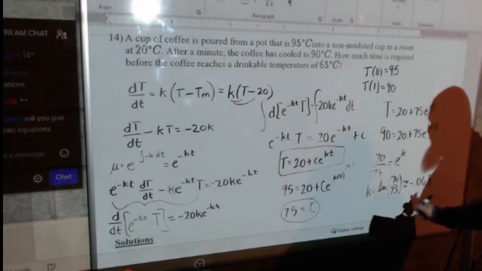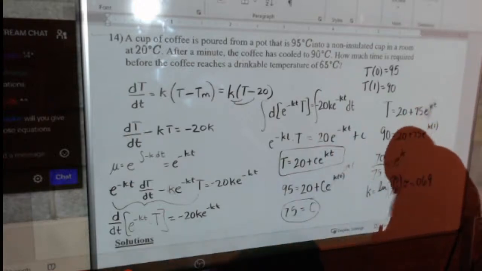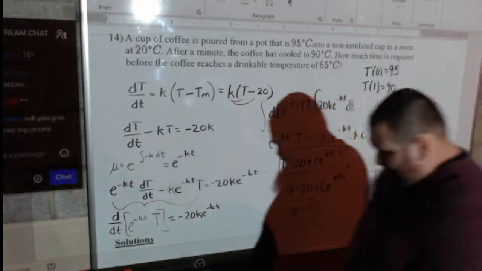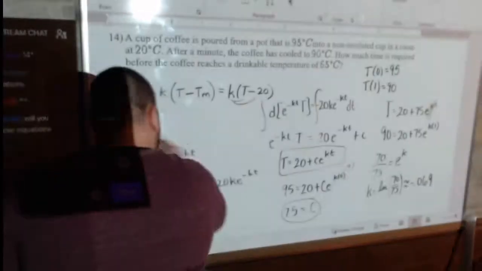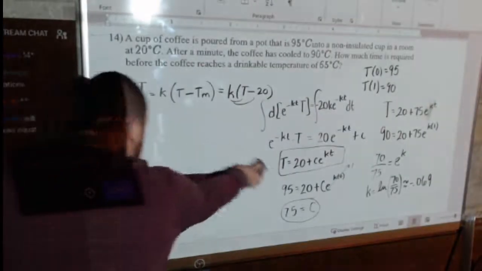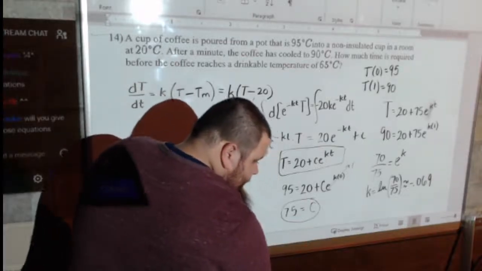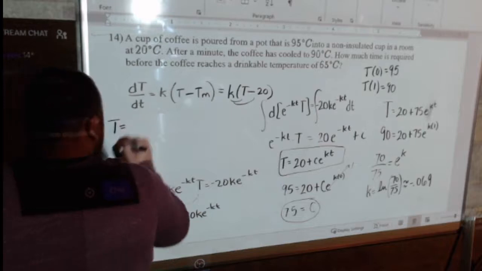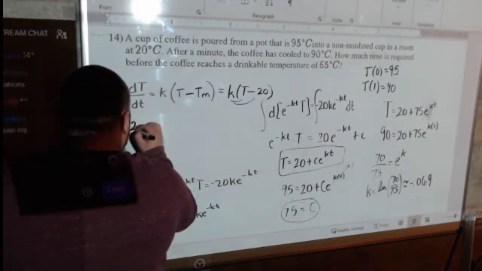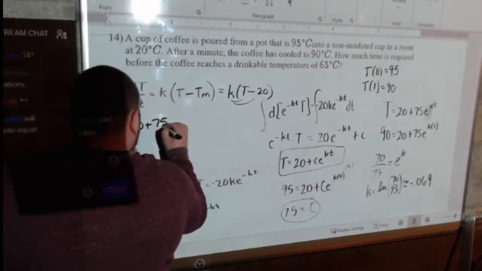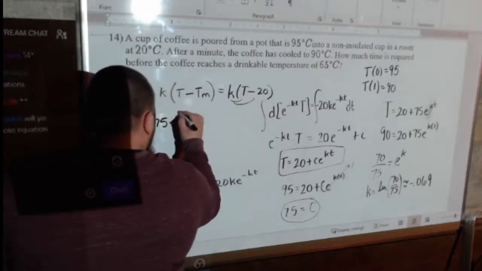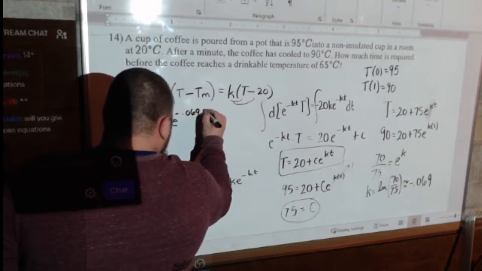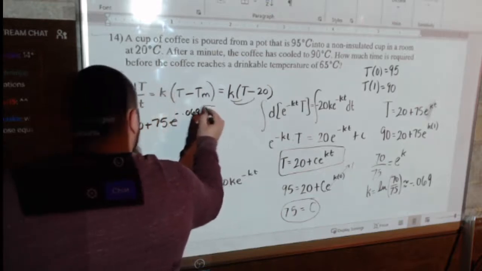So once we have k, we can plug it back in. I would end up with temperature equals 20 plus 75e to the minus 0.069 t.